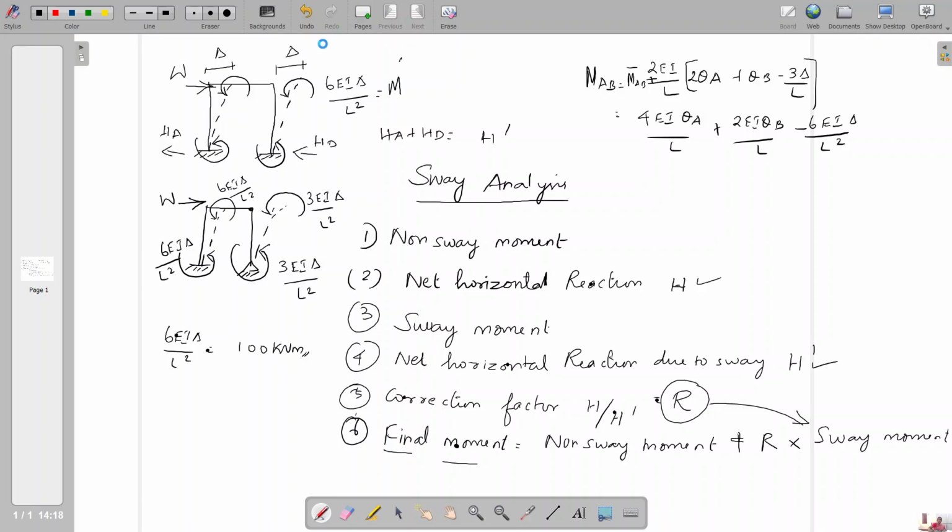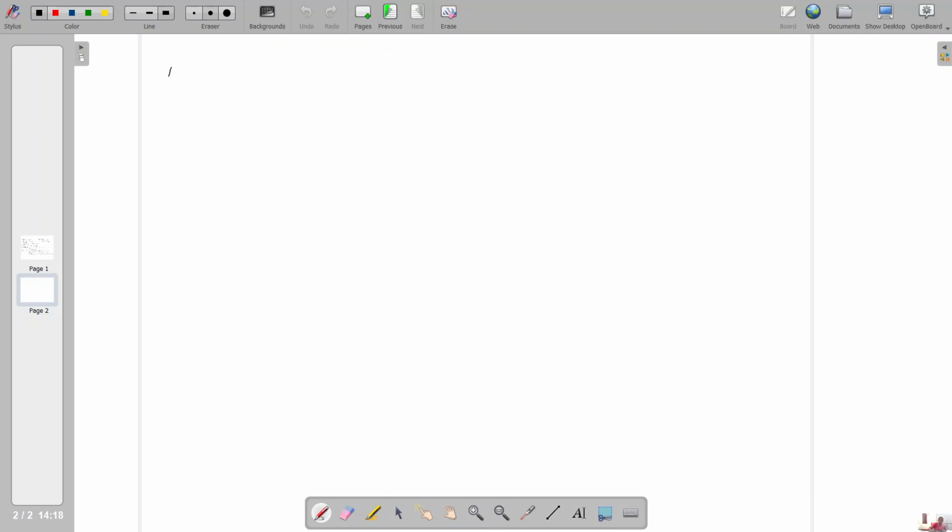Let us elaborate this. First one, non-sway calculation. For the non-sway calculation, if you consider one frame with the UDL, you will get the fixed end moment value for the span M bar AB equal to M bar BA equal to, so let us make some correction.